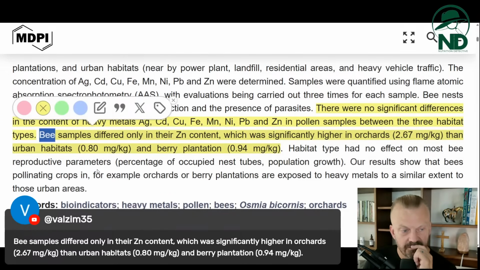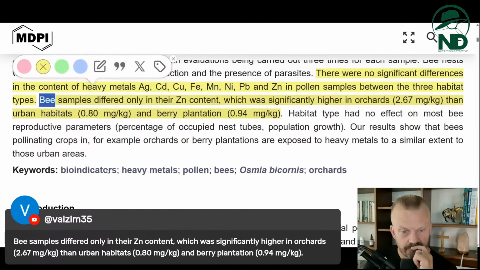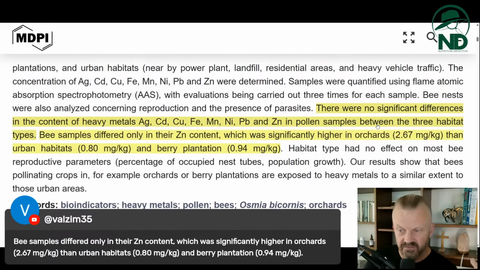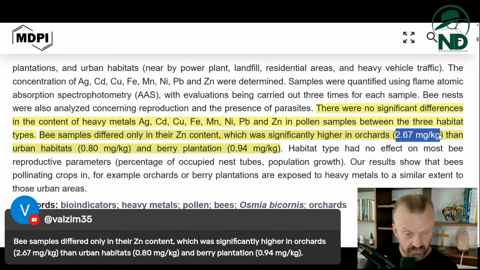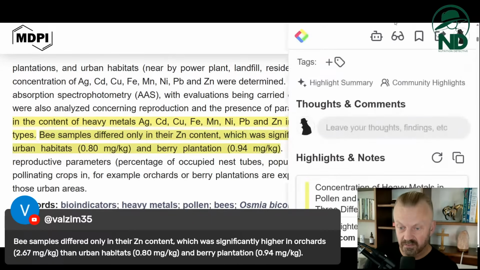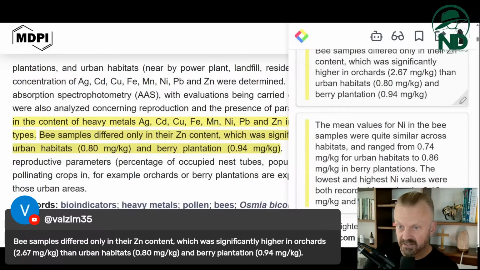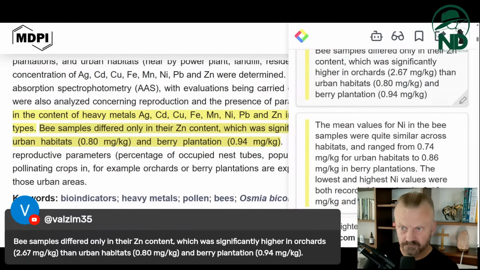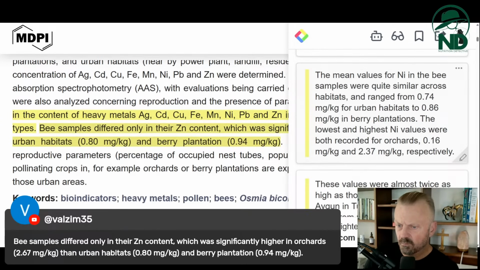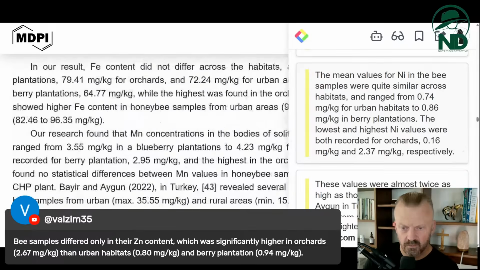I'm guessing this was the average in the orchards versus the urban and the berries, and then the other one, the orchards had the highest, potentially highest. There it was.